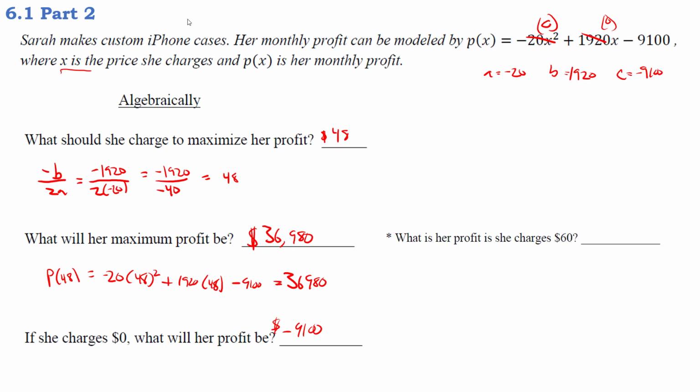So what is her profit if she charges $60? Okay, so if she charges $60, again, we're just plugging that 60 in like we did for the 48. So instead of a 48, we plug in a 60. So we'd have negative 20 times 60 squared plus 1920 times, oh, I'm sorry, not squared, times 60 minus 9,100.